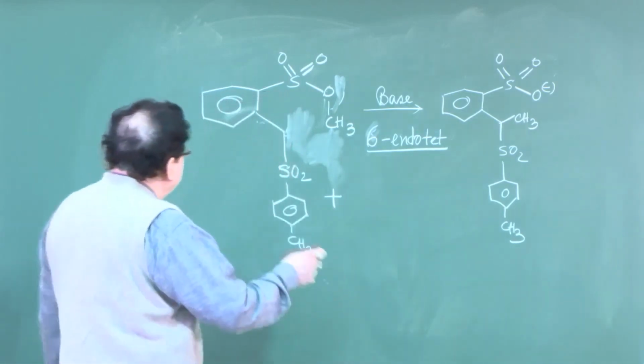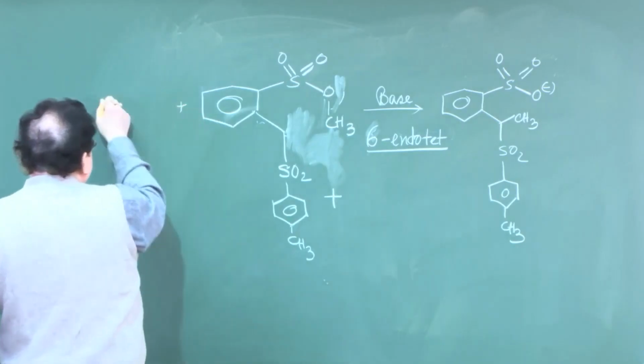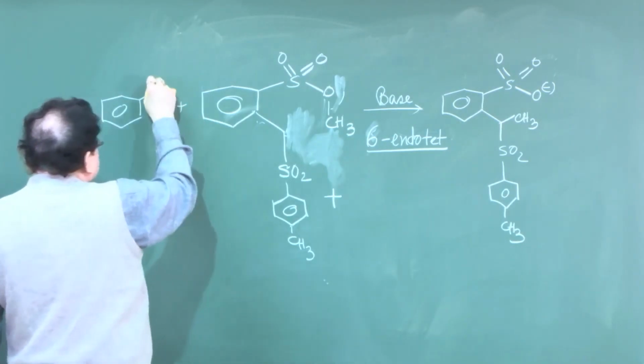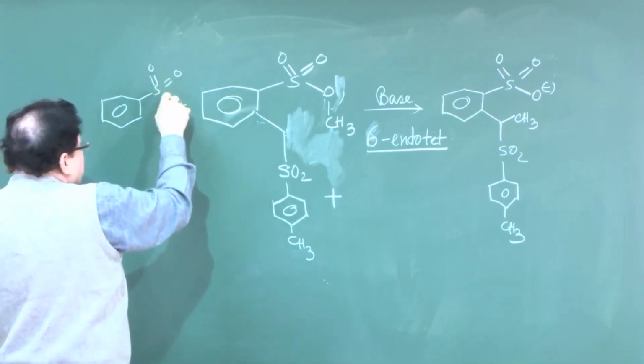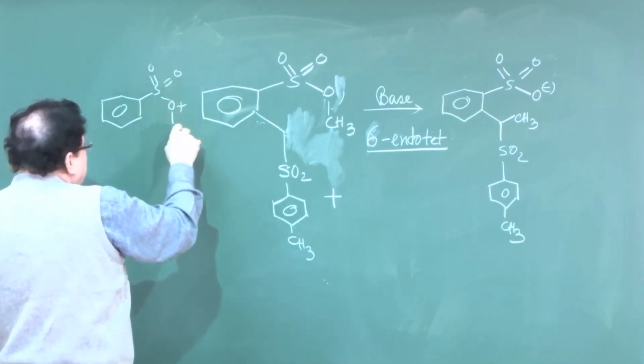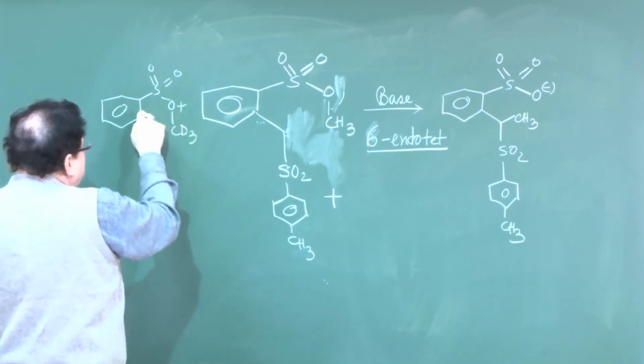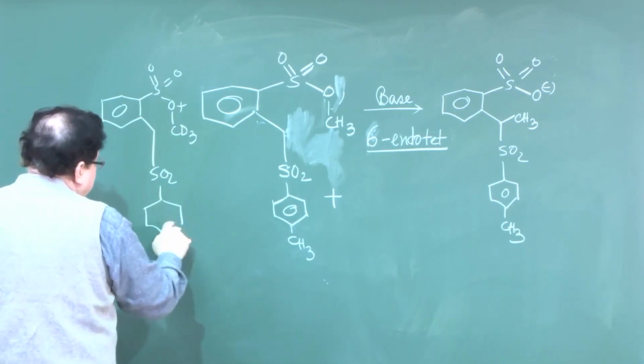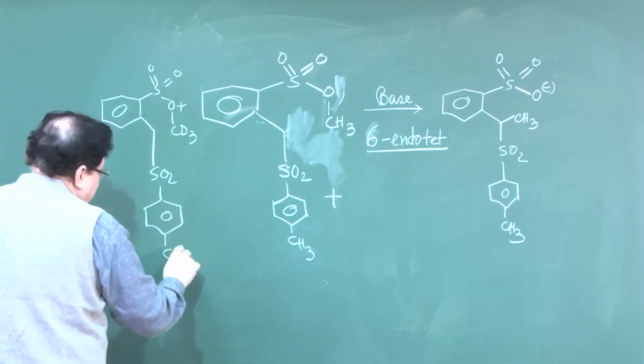You take another system very similar, but with different groups, and that is SO2. So, you change these into CD3 and then SO2 and then make it CD3.